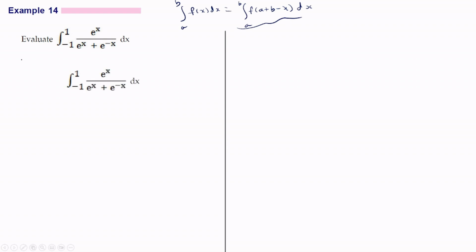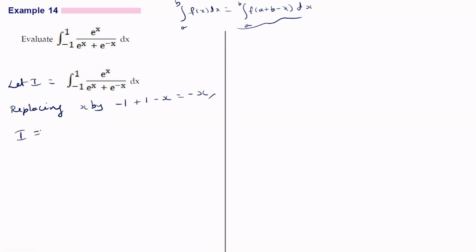So first let I equal the given integral. Let us replace x by -1 plus 1 minus x. So it is 0 minus x, which is minus x. So here we will get e raised to minus x upon e raised to minus x plus e raised to x.